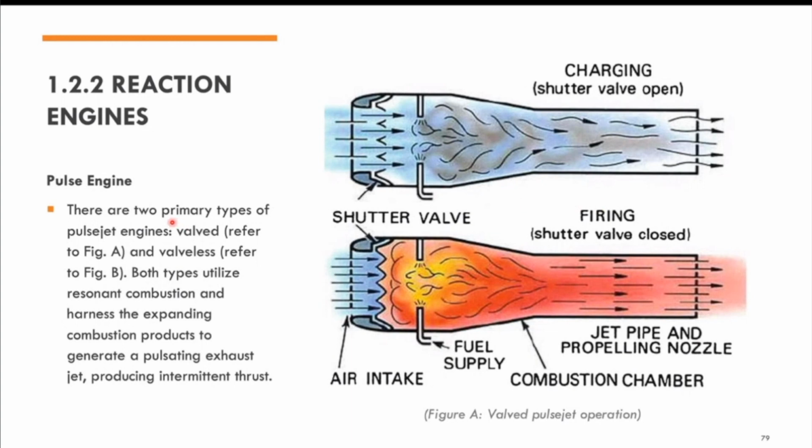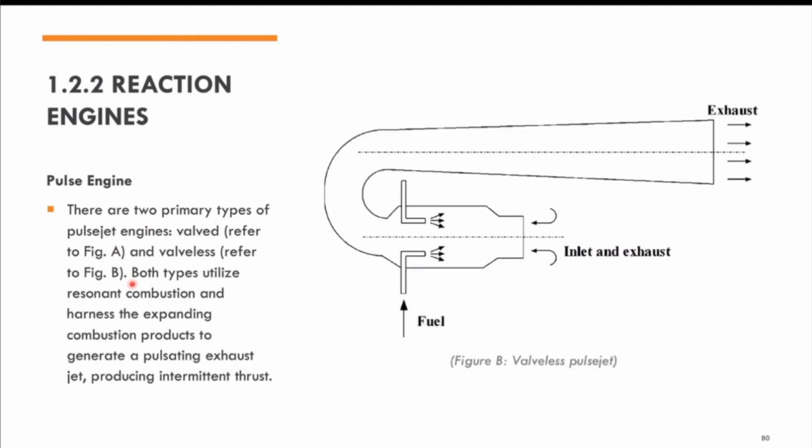There are two types. One is the type using a valve. This is the shutter valve, where the other type is without the valve. We call it the valveless type of pulse jet engine.